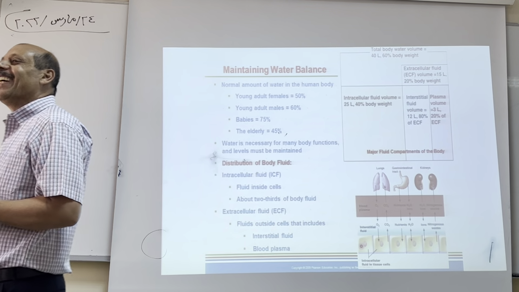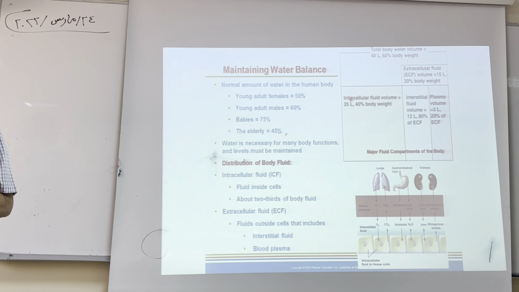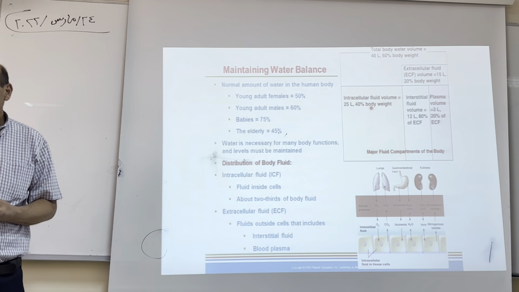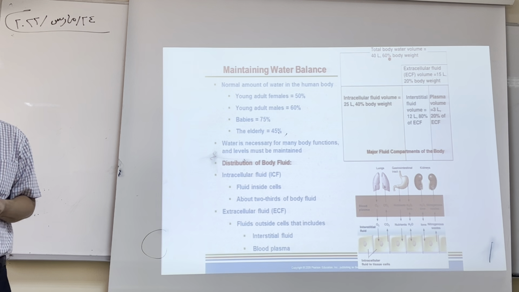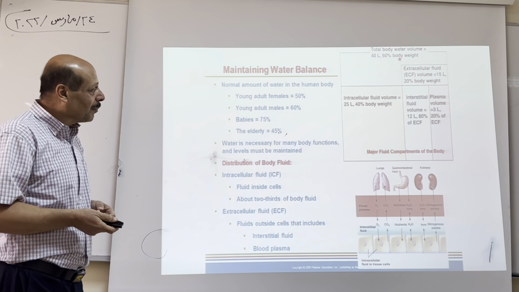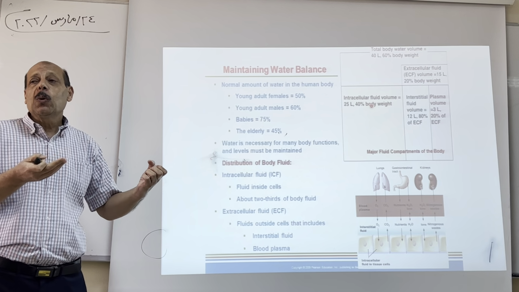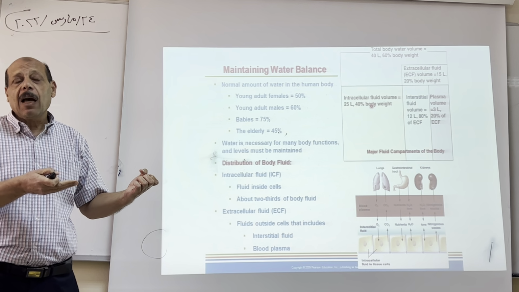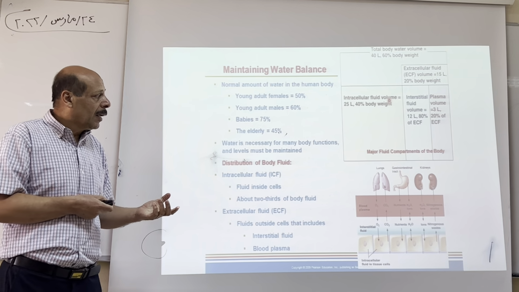It is more. The possibility of clotting will be more, because the viscosity is high in this case. Because of that, we need to maintain the amount of body fluid in our body.